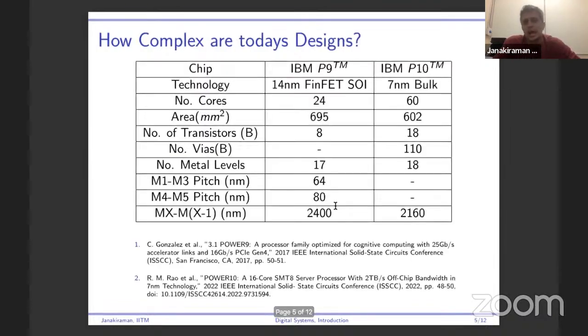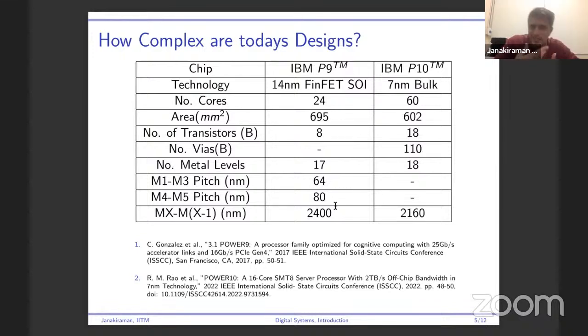We will be dealing essentially with combinational and sequential circuits. It is also very interesting to be aware of how complex a microprocessor is today. What I've shown here are server microprocessors, not your desktop; these are way more powerful microprocessors that come from IBM. Your desktops are also very complex these days.